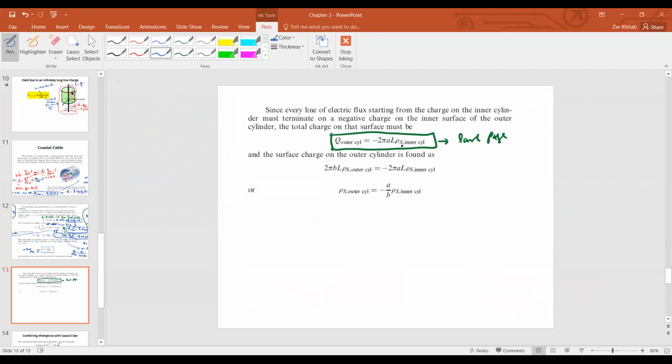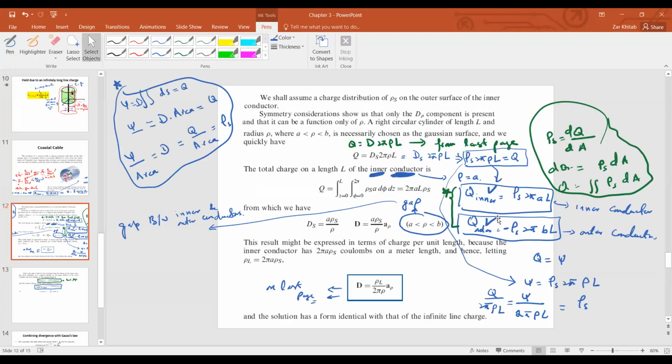Okay, is this clear? Or you can say, 2 pi B means the outer, L is the length of the cylinder, rho S outer cylinder is equal to minus 2 pi A L rho S, because charge will stay the same but with just a negative sign.